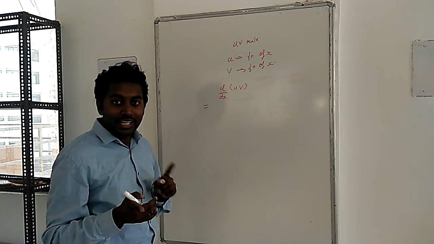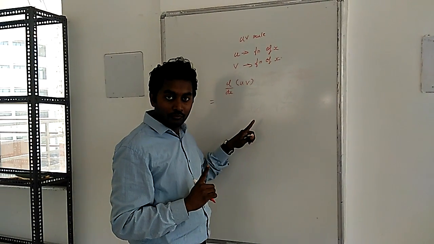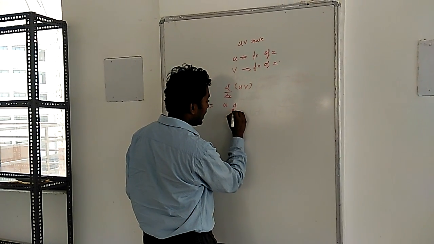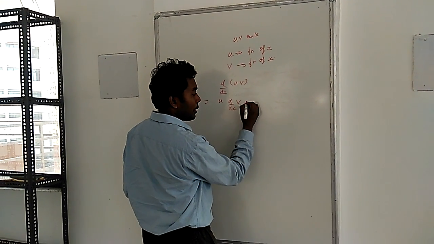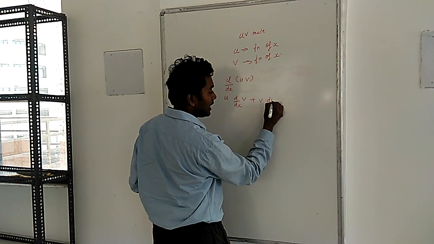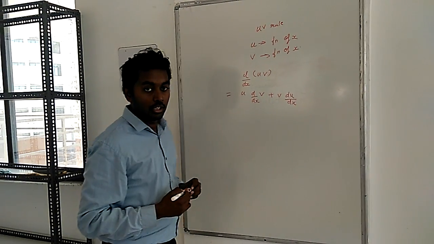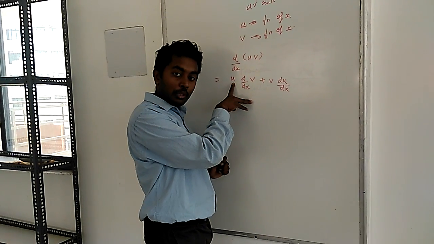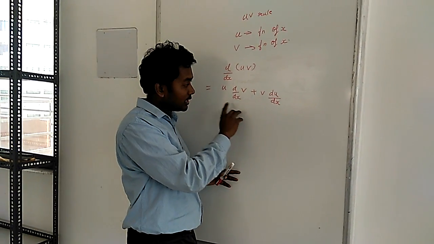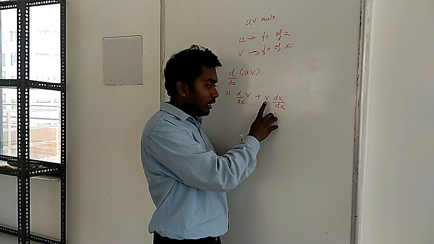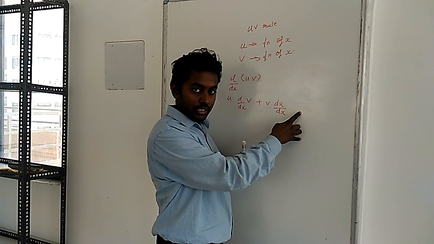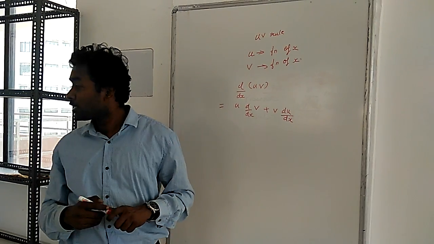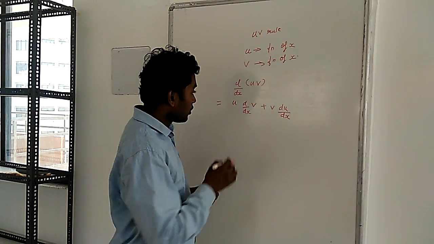We take the derivative one by one and multiply with the other one: u into derivative of v plus v into derivative of u. So I take the derivative of v and multiply it with the other component u, and multiply v with the derivative of u. This is the formula for the uv rule.